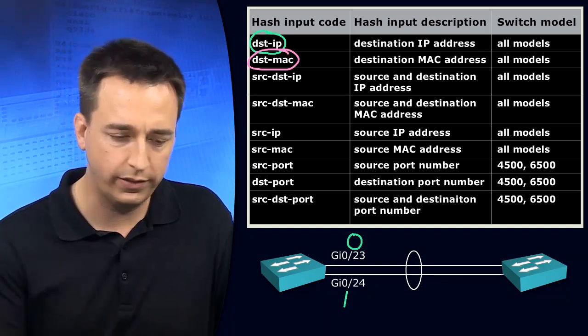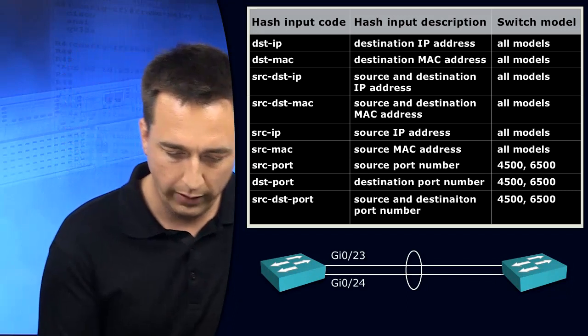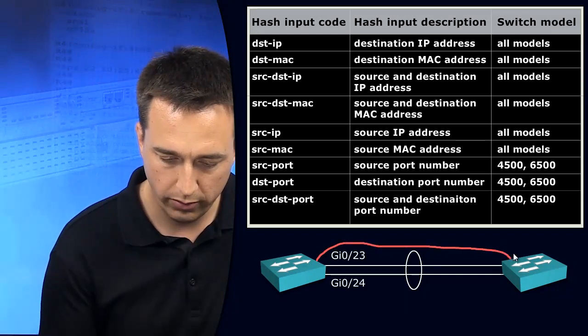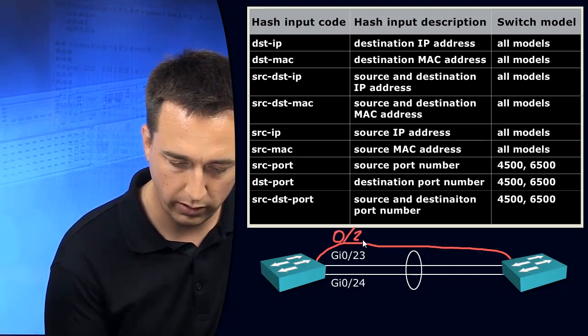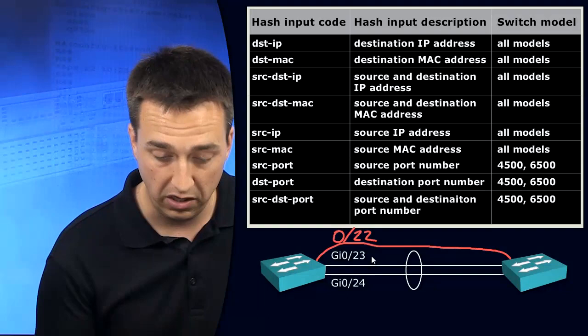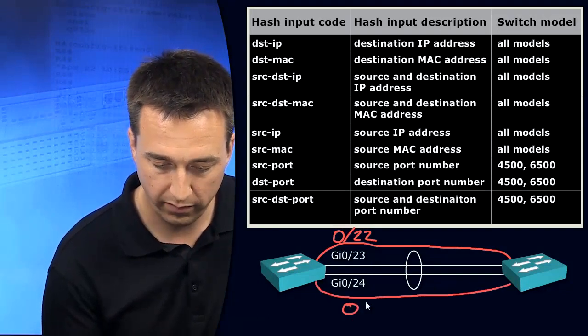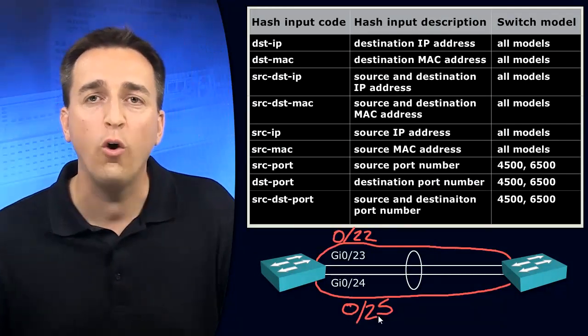What if we have more links, though, in the EtherChannel bundle? For example, what if we had link gigabit 0/22? What if we also had 0/25? All right, so now there's 4 links.